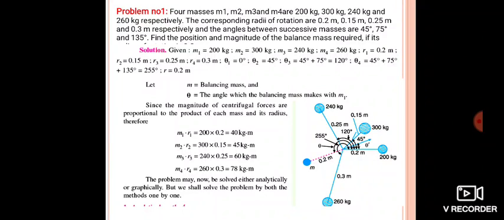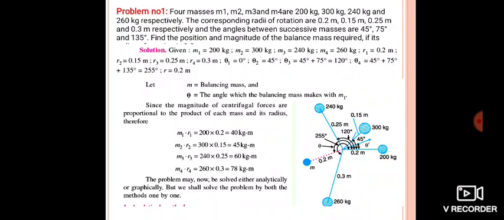One thing you have to remember: whenever the problem says successive masses, then you have to add the previous degrees. Once you take 0 degree, first one theta 1 is 0, second theta 2 is 45 degree, but for the third, if successive masses is given, you have to add the previous degree. That will give theta 3 as well as theta 4.